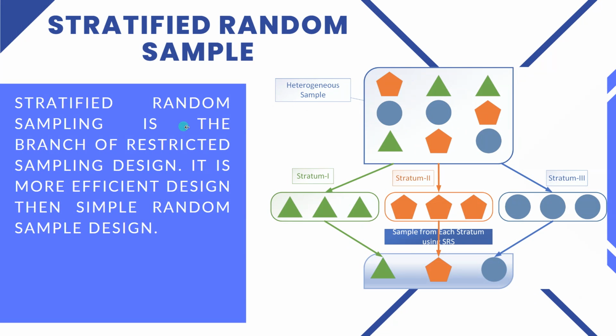Stratified random sampling is a branch of restricted sampling design. It is a more efficient design than simple random sampling design. In simple random sampling design, we have no restriction, but in stratified random sampling, we have a restriction because we have a population of heterogeneous elements, and we draw strata from these elements.